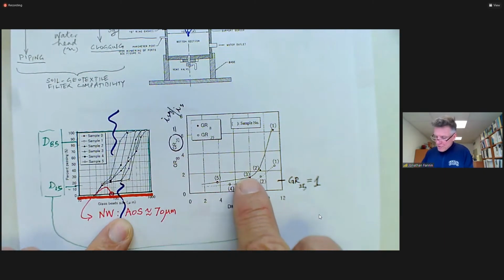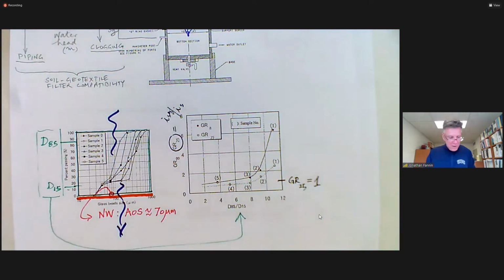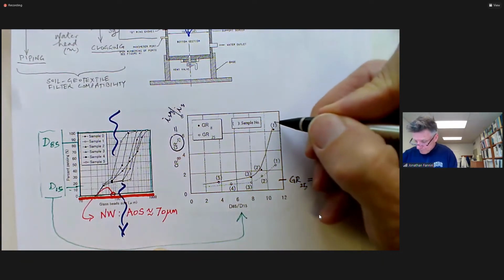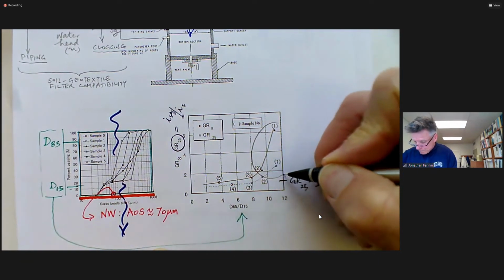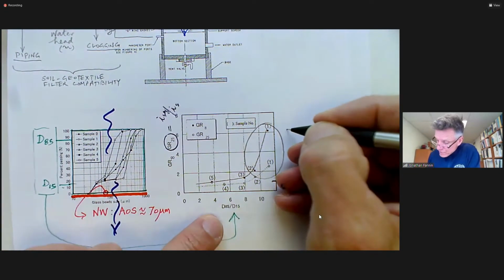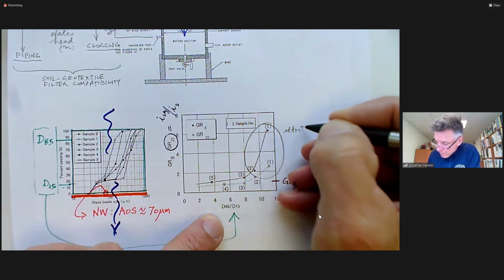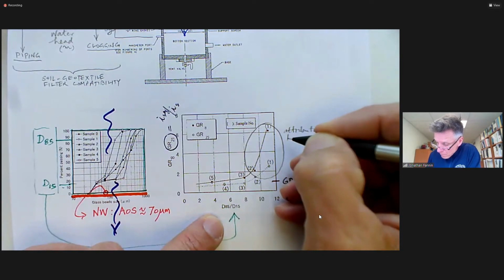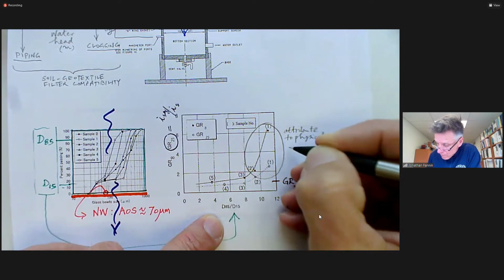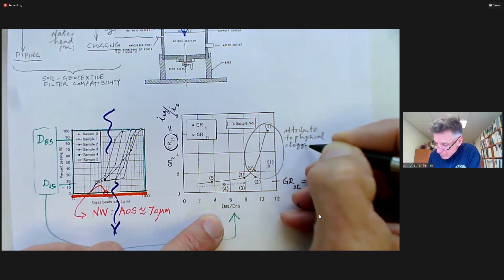And as the gradient ratio increases above 1, we would attribute this increase to clogging. And in this case, we're going to attribute it to physical clogging of the geotextile.